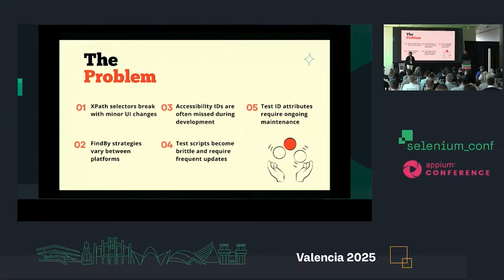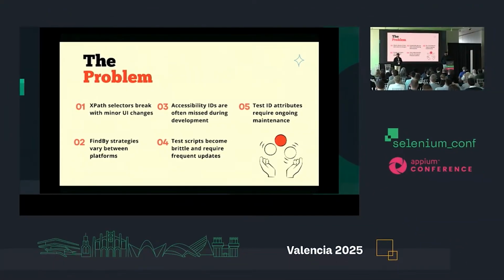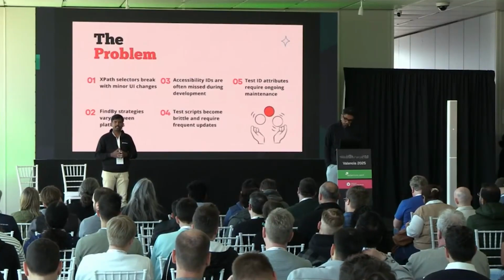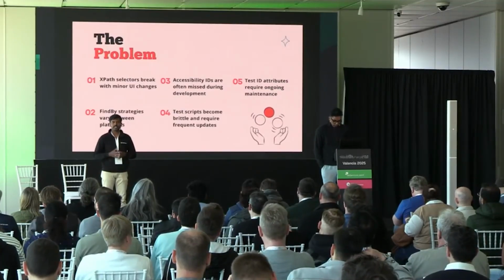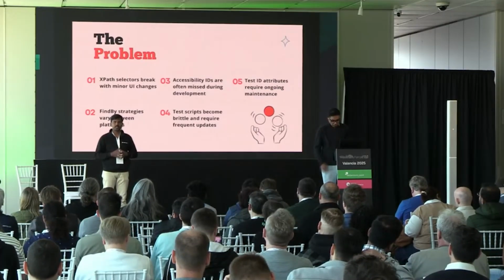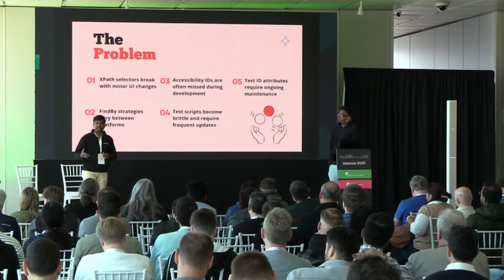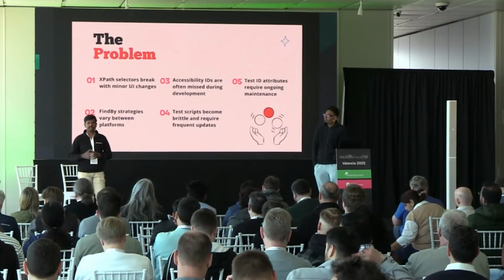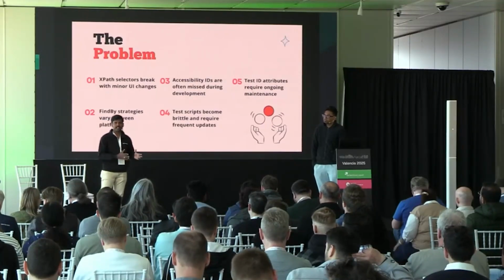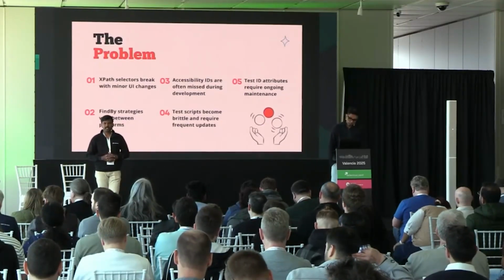If the developer doesn't do it properly, it's very difficult to automate or identify an element using the appropriate strategy. So people complain a lot that Appium is not able to identify this element, that it doesn't get exposed. It's not due to Appium, it's the underlying tech stack that doesn't expose it properly.